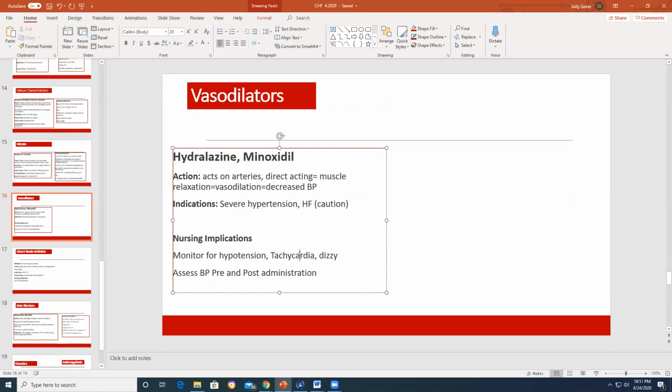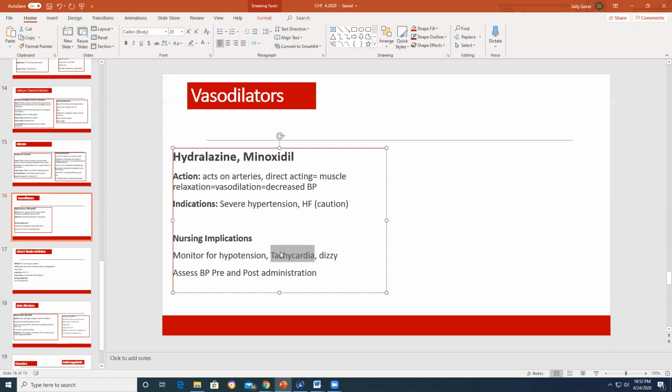So that's going to put more stress on the heart, the tachycardia. And if we decrease the blood pressure too much, then we're going to get a decrease in cardiac output, which is not really what we want. So we definitely have to monitor for hypotension here, because it is a direct acting vasodilator. And like I said, tachycardia is a normal side effect.